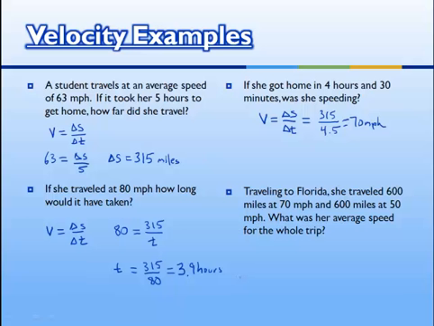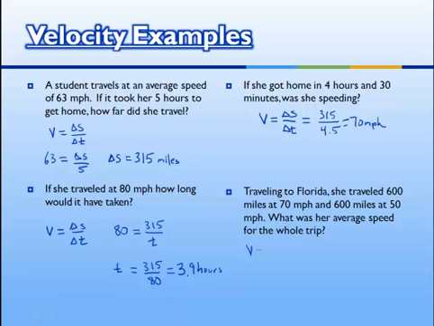But that implies that she traveled at 70 miles per hour for half the time and 50 miles per hour for half the time, which is not true. But she's actually traveling at 50 miles per hour for a lot longer than for 70 miles per hour. That's the key for answering a question like this.